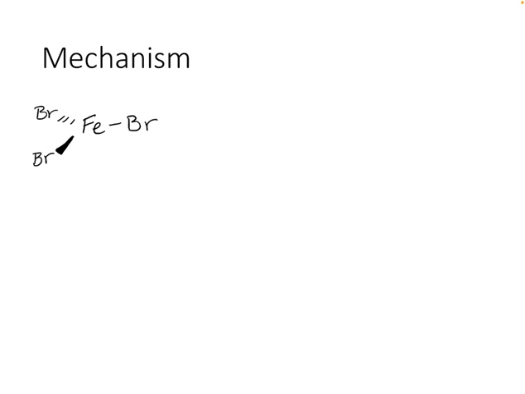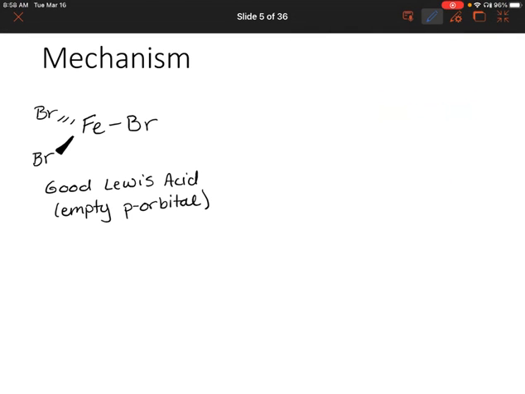Iron tribromide is actually a good Lewis acid because it has an empty p orbital, kind of like boron. And let's use a different color to draw that p orbital above and below.